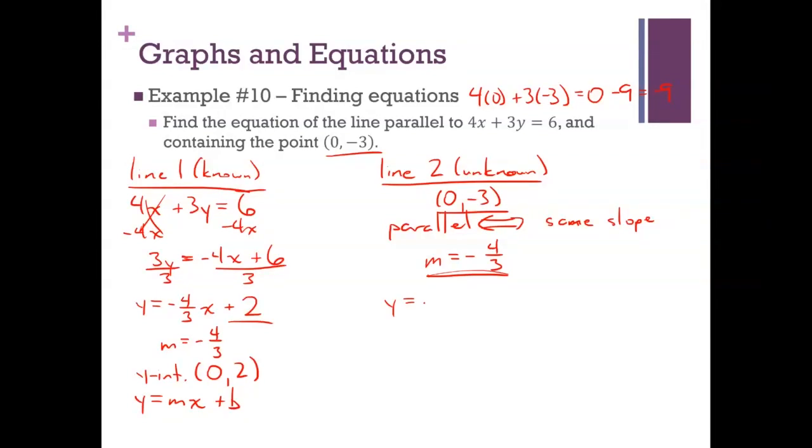We have a couple different ways to do that. y equals mx plus b, and y minus y1 equals m times (x minus x1). We know m, right? Do we know b? Do we know x1 and y1?